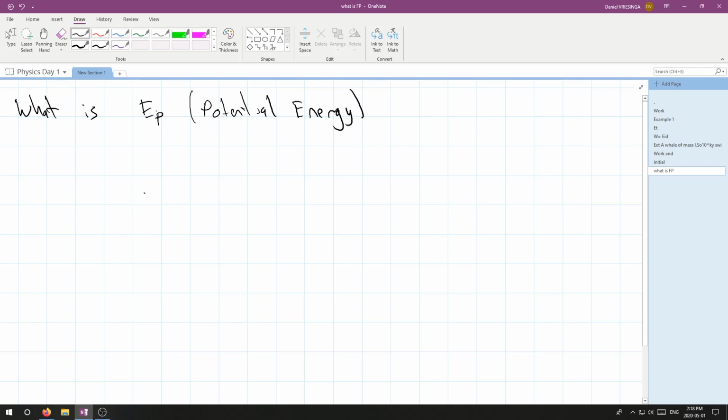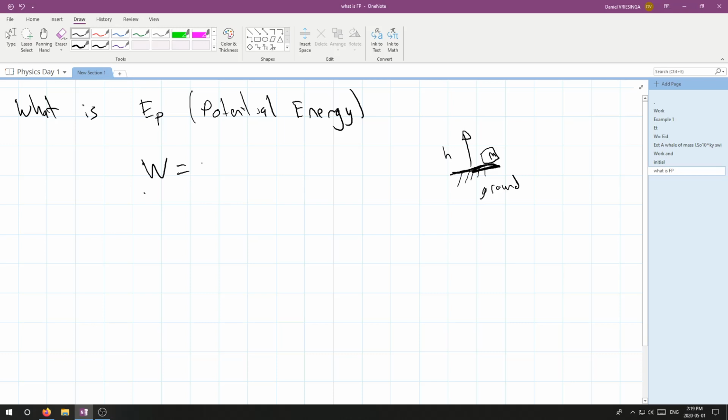Maybe we'll look at the work involved in moving an object. Here's my ground again. Let's say I want to move an object up a distance d, or actually h, which I think is what the book uses most often. So I will draw a height of h here, and I want to move some object of mass m up through the Earth's gravity.